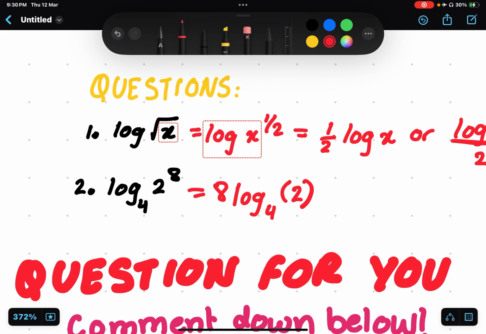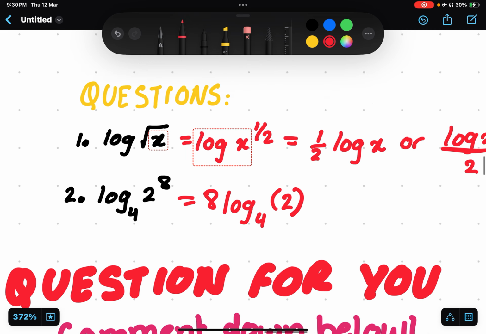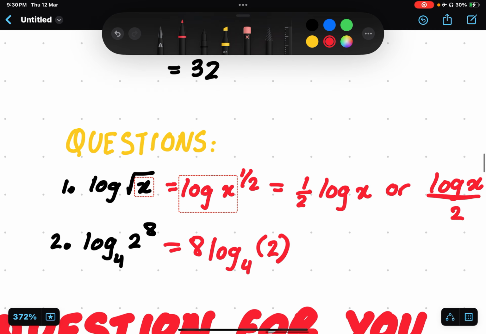This can be a little bit easy if you know the trick, as I've shown you before. Obviously we can't go 4 to the power of 1 because that's too big. And if we go 4 to the power of 0, that's too small. So we need a middle ground. We know that 2 squared is 4.